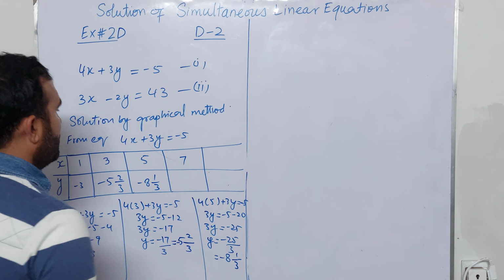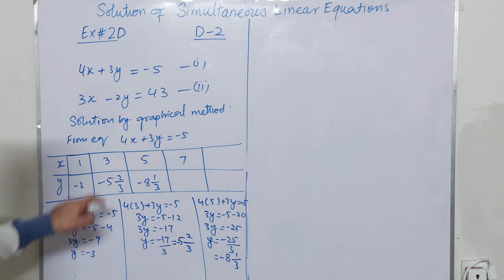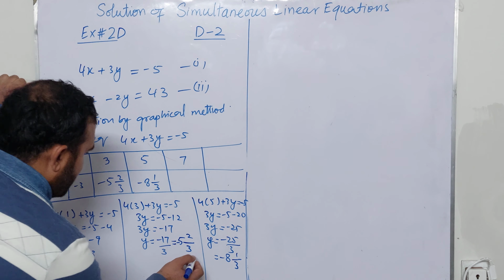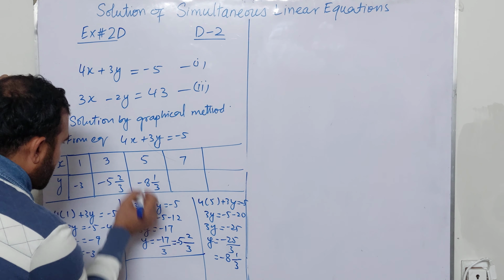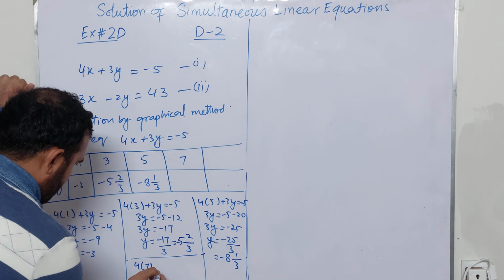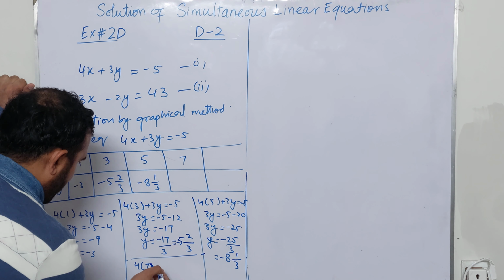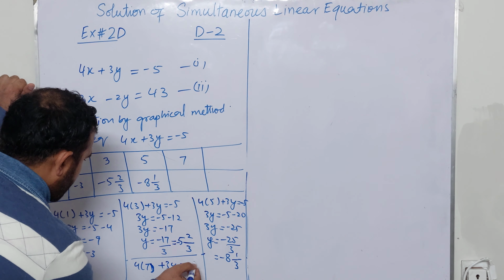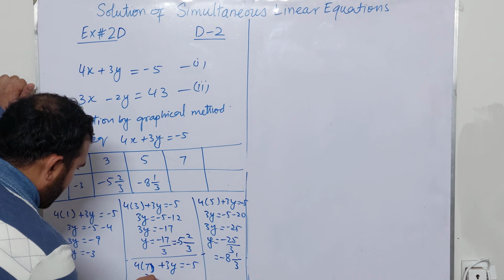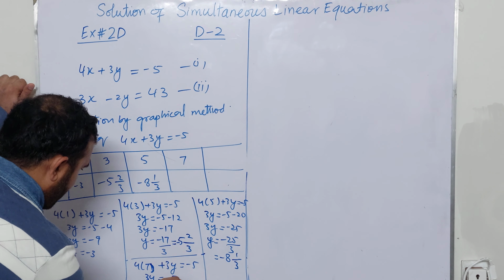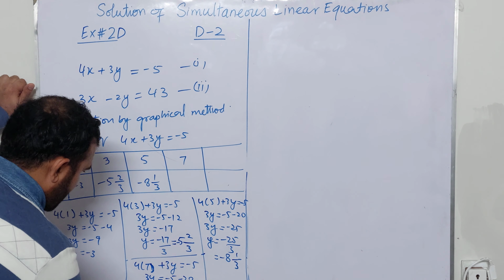If we choose the next value of x as 7, just put 7 over here. It will be 4 times 7, which is 28, plus 3y is equal to minus 5, so 3y is equal to minus 5 minus 28.